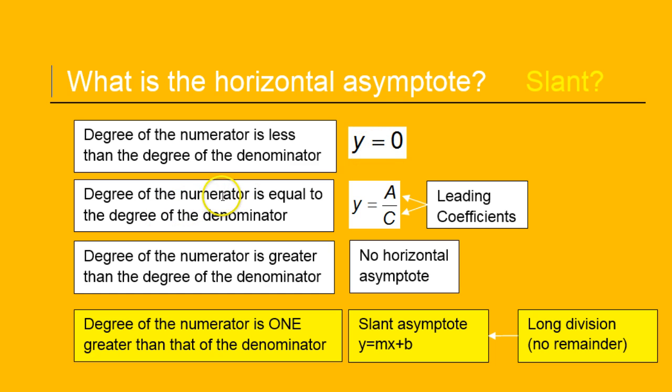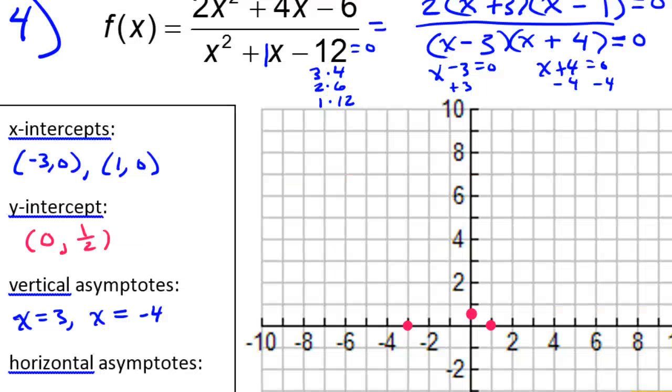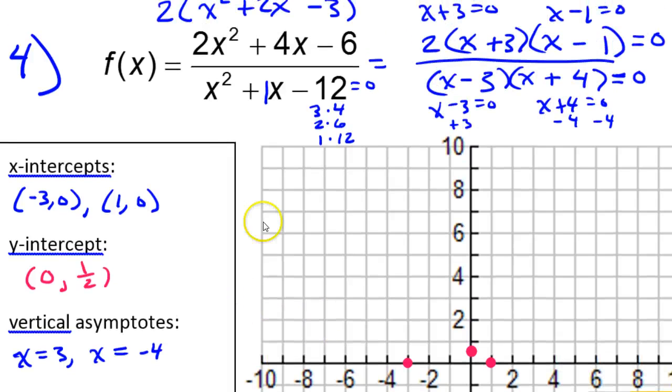If the numerator degree is equal to the denominator, then you're going to divide the leading coefficients to get the horizontal asymptote. And if the degree of the numerator is greater than the denominator, then there will be no horizontal asymptote. If the degree is exactly 1 greater, then there will be a slant asymptote, but we'll talk about that later.